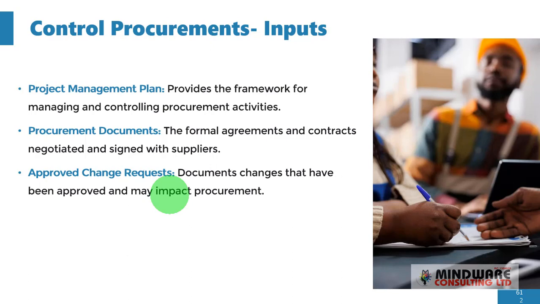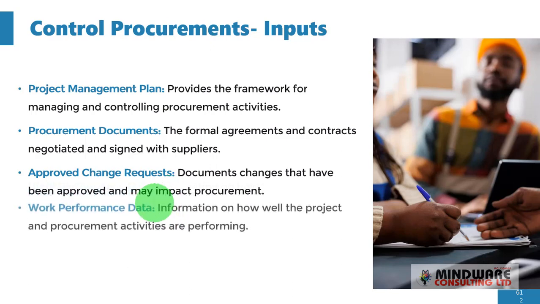So when you make change requests, if the change requests are approved, then you have to have those documents as inputs so as to take cognizance and apply those changes as the procurement progresses.